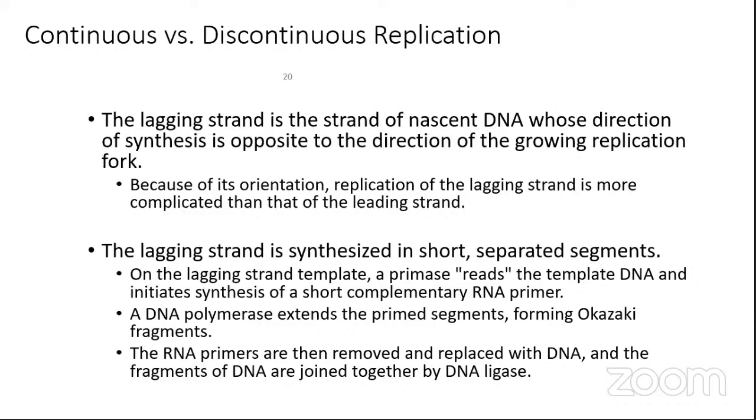If you can imagine an arrow in the opposite direction, the arrow head will be on the opposite side, but when you see from the arrow side, the direction will be from 5' to 3'. So in the lagging strand, there will be some short synthesized separated fragments, which are called the Okazaki fragments.